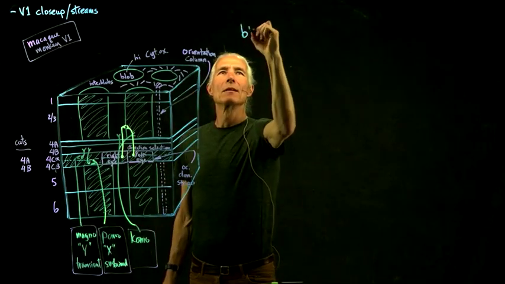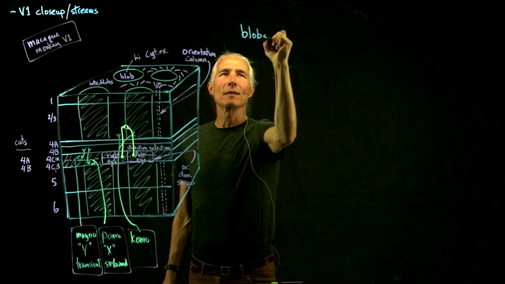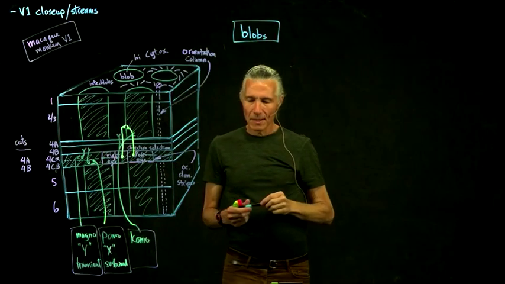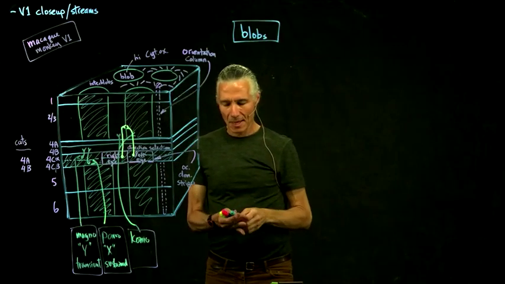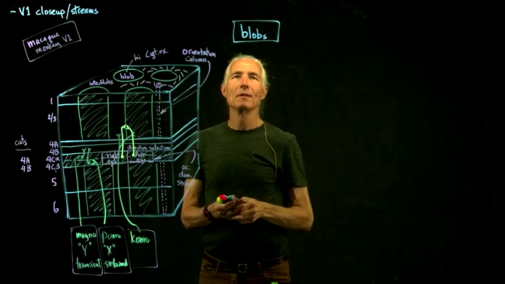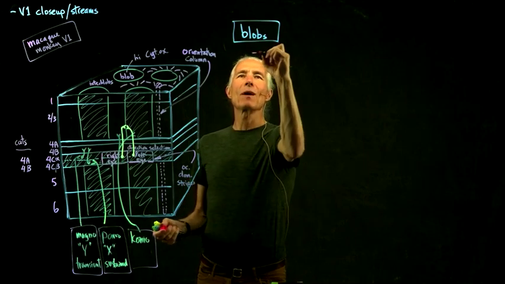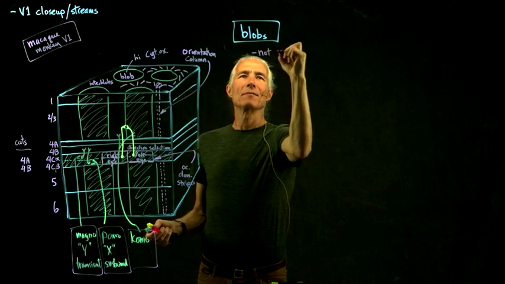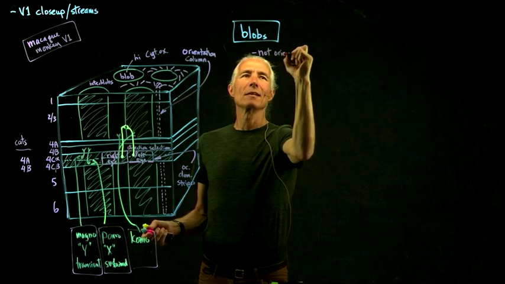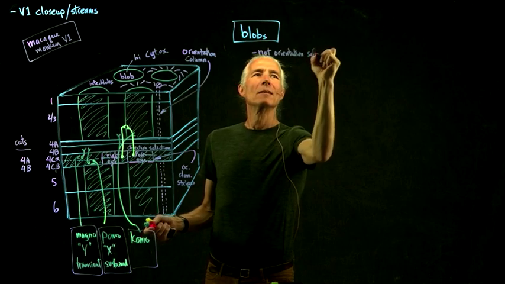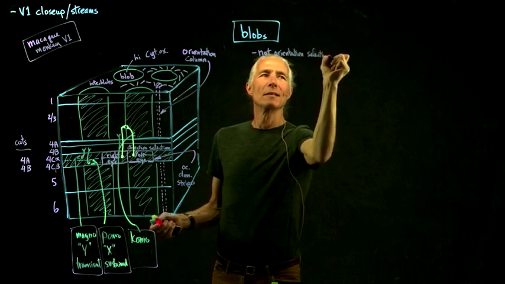So what are the blobs actually doing? They're not orientation selective. They're surprisingly not orientation selective. So why would you want to, if you've got all this orientation selectivity, why would you want to get rid of it?